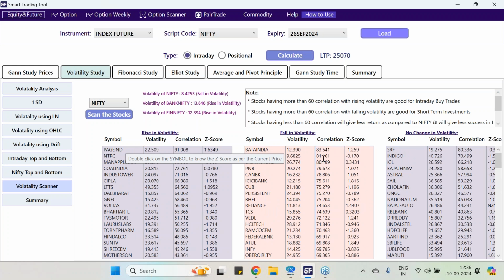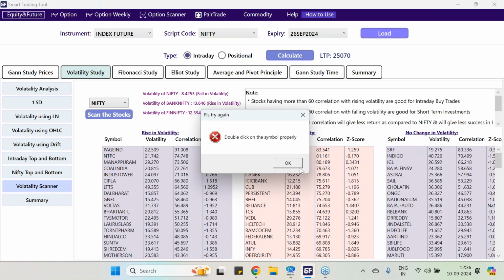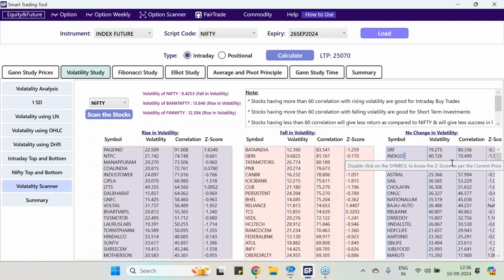These are the stocks whose volatility is falling down, and these are the stocks that have no change in volatility. They are still as yesterday, today also the same thing. This is as per yesterday's data. Based on what happened yesterday, it is giving this.